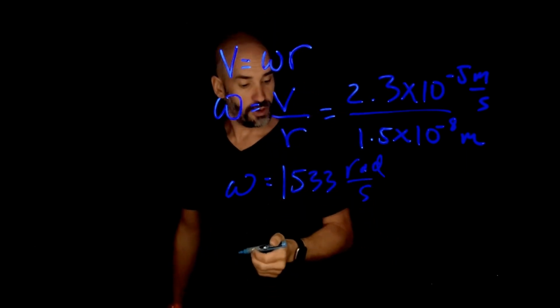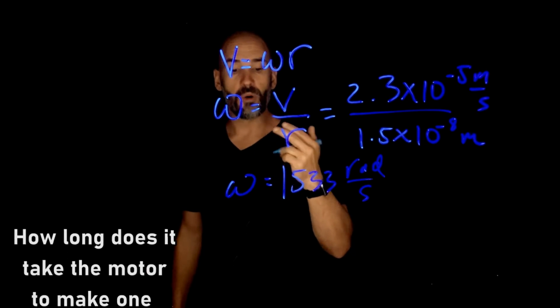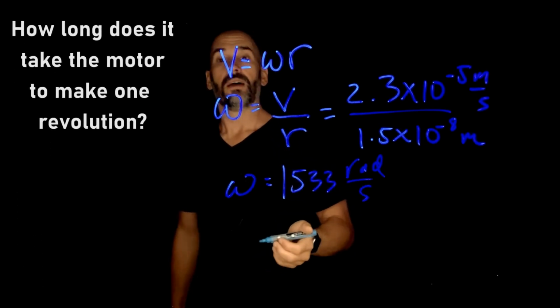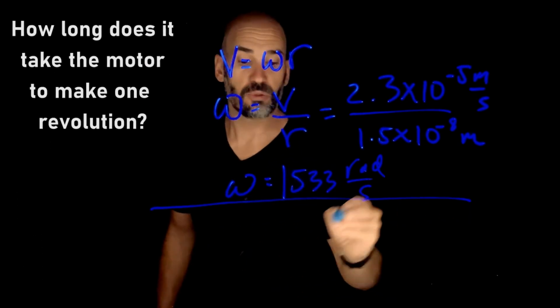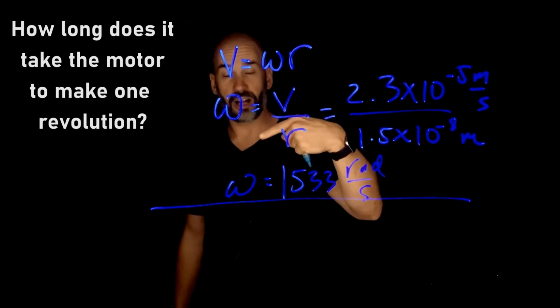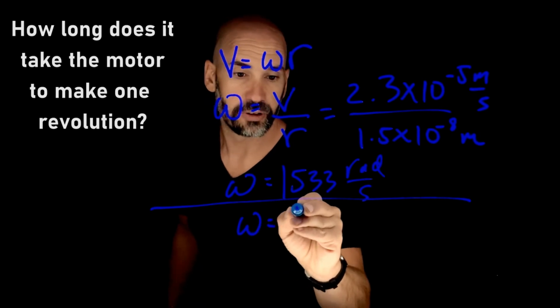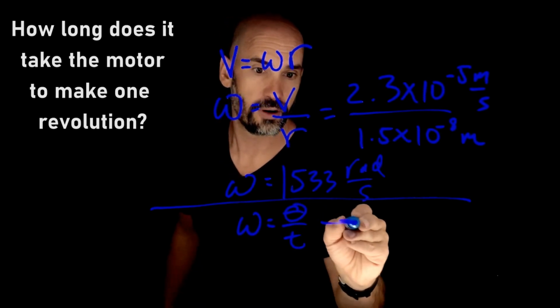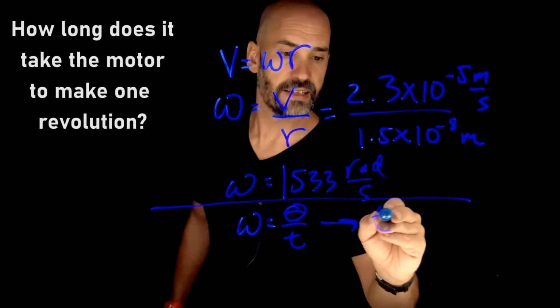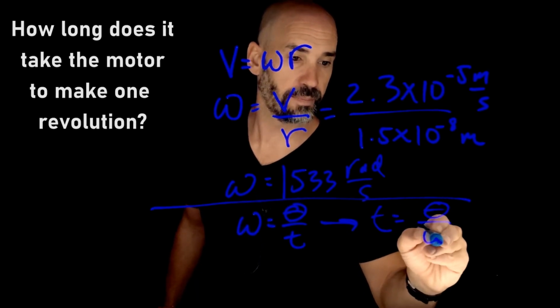Next question. How long would it take the motor to make one full revolution? Well, this is another case where we don't have any acceleration. They're not talking about acceleration, so we can just use the relationship that omega is equal to theta divided by time, which means that t is equal to theta divided by omega.